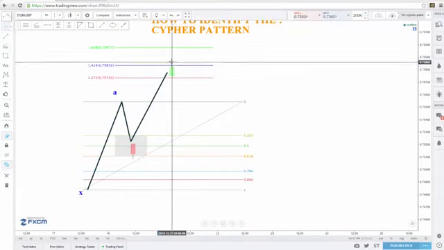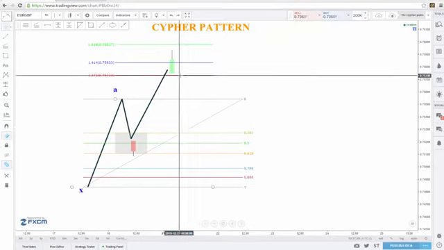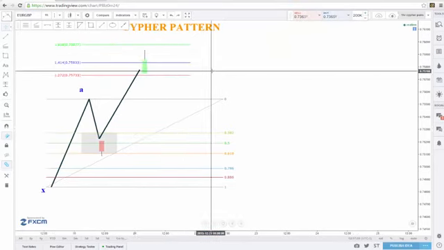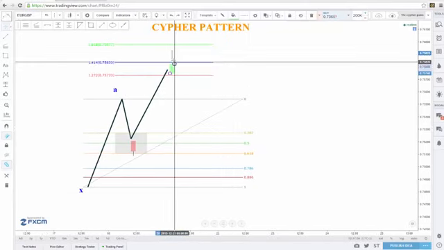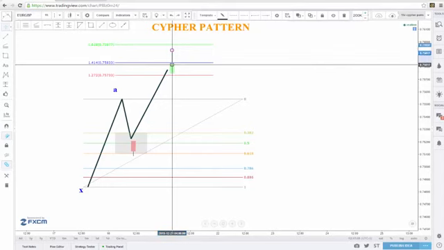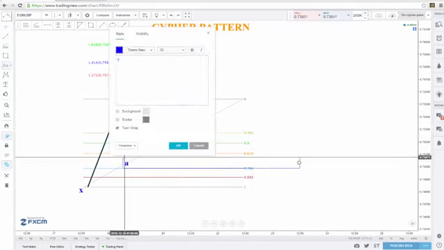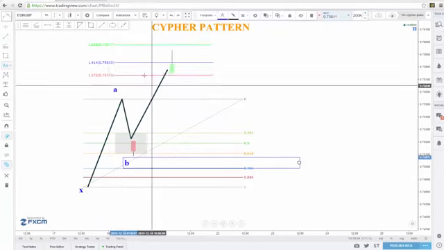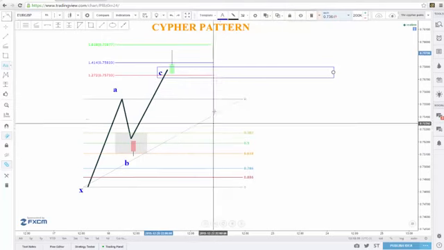Now if the body comes up and closes above the 1414 like this, then that invalidates the pattern. And this creates the C leg of the move. Down here was B, and here is the C leg of the cipher pattern.